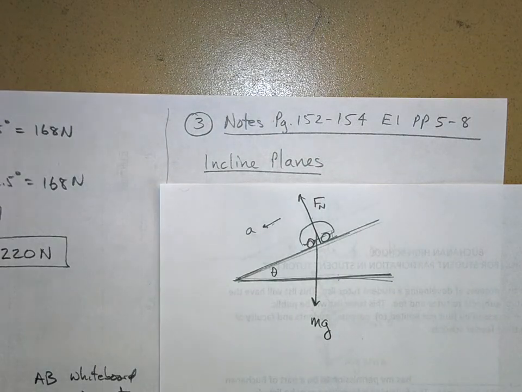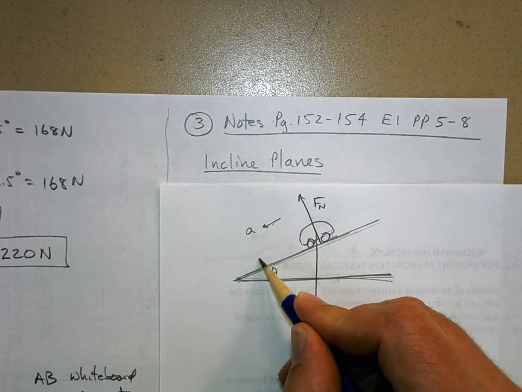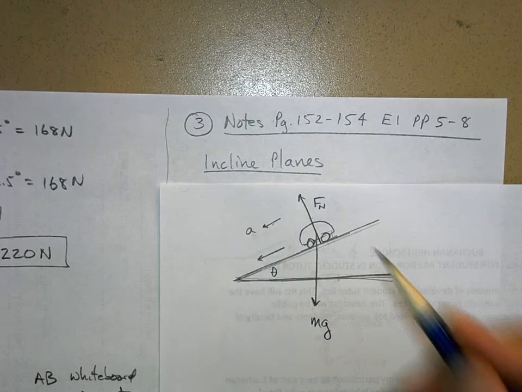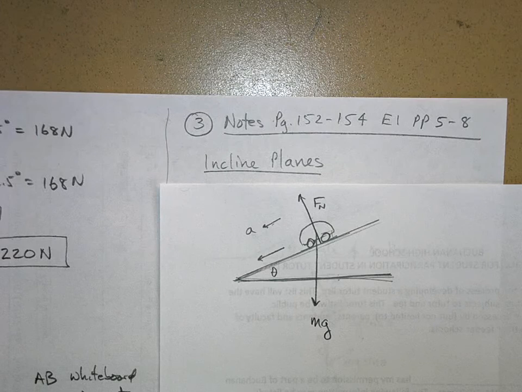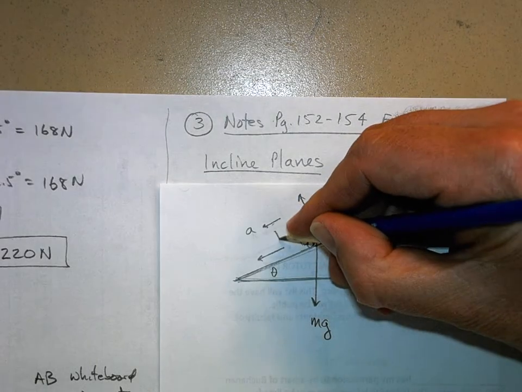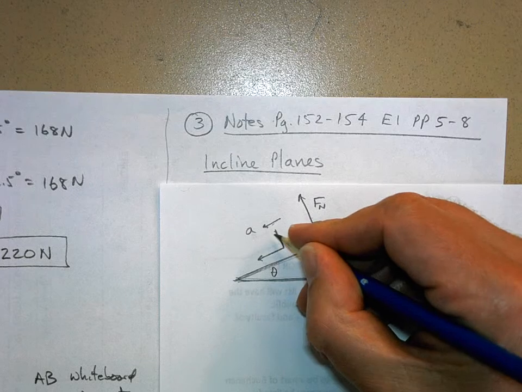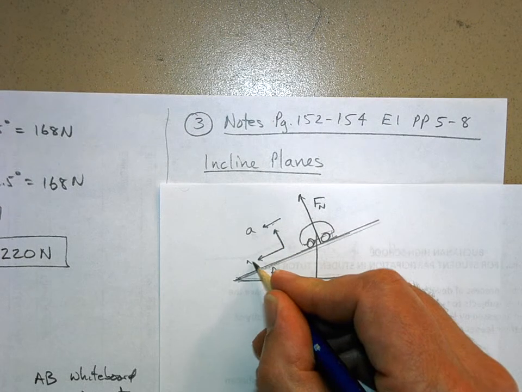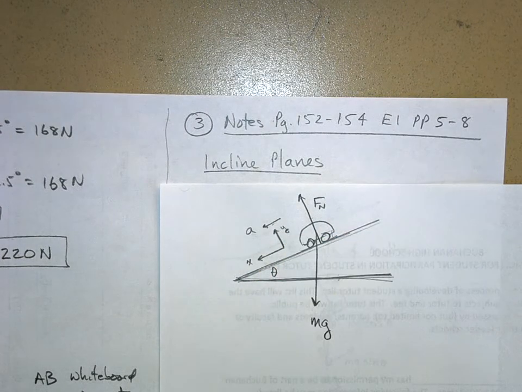But here's what I'm going to do. When you get a free body diagram like this, when you go on to step 3, make your x-axis parallel to the incline. And here's your y-axis perpendicular. So here's my x direction and here's my y direction. It's totally legal to do that.